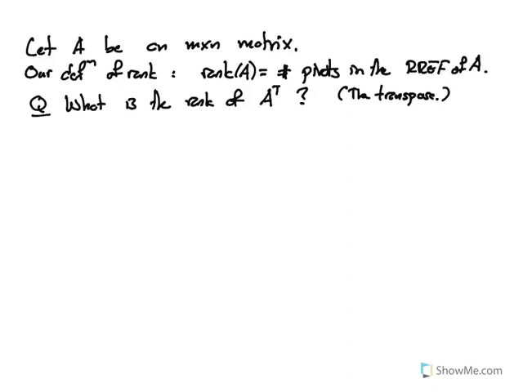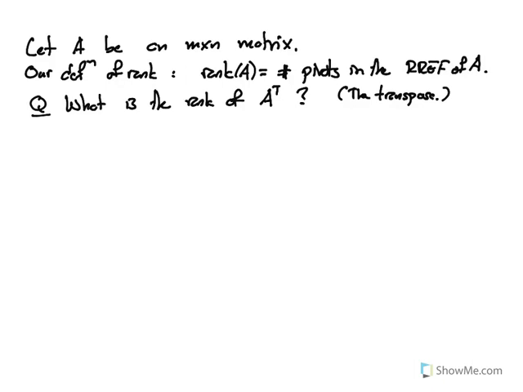Because the way we defined it, notice that there's really no obvious connection between the rank of A and the rank of A transpose, because if I were to do row reduction on A, that really has no obvious connection to doing row reductions on A transpose.